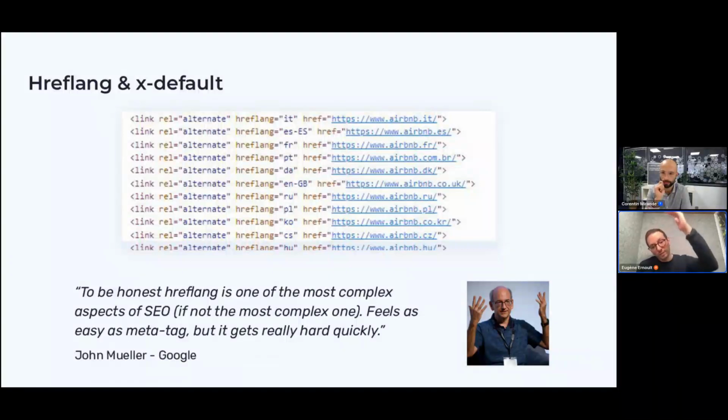Here are all the other alternatives. So here you can see Italian, Spanish for Spain, French, Portuguese, and so on. And you give to the Googlebot the corresponding URL.